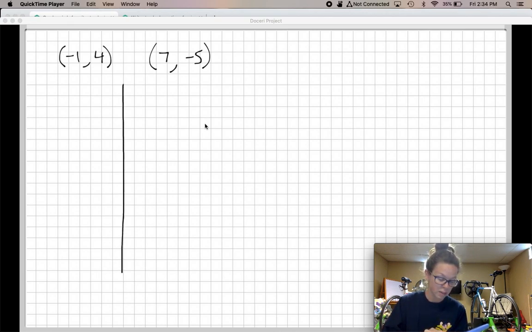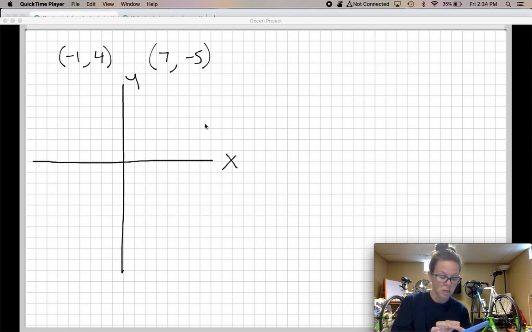The first way to solve this, and this is actually my preferred way, is by graphing. So what we're going to do, remember from algebra, this is our x, and this is our y. X is the horizontal one, y is the vertical one. And remember that each point is x comma y. I'm going to plot each of these points.